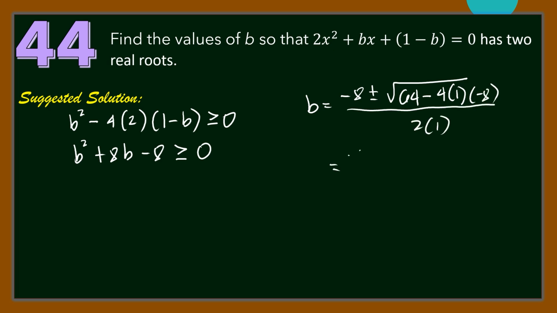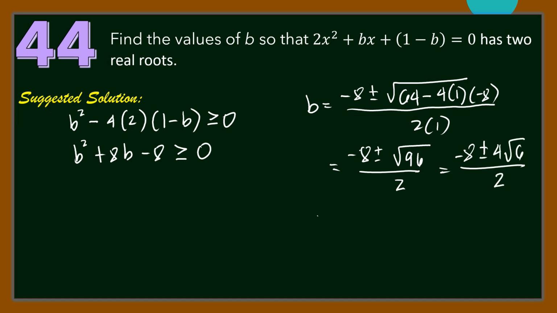So we have negative 8 plus minus square root of 64 plus 32, that is square root of 96 over 2. 96 is 16 times 6, so we have negative 8 plus minus 4 square root of 6 over 2.